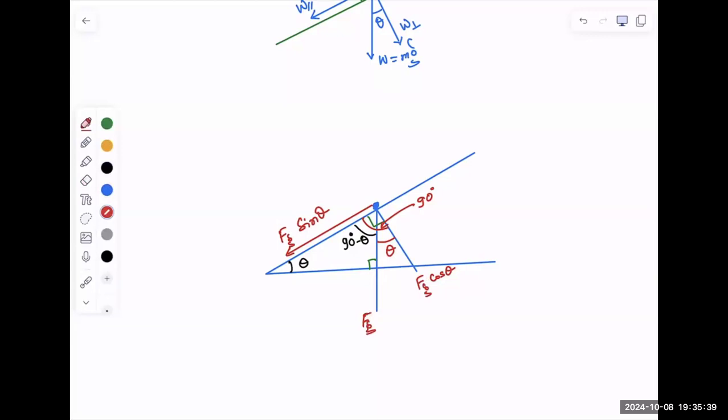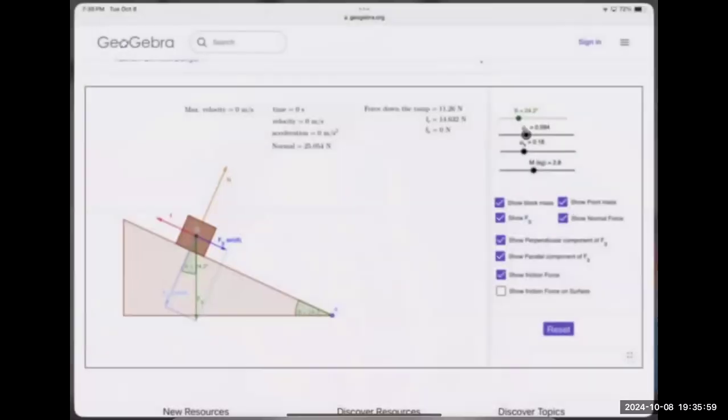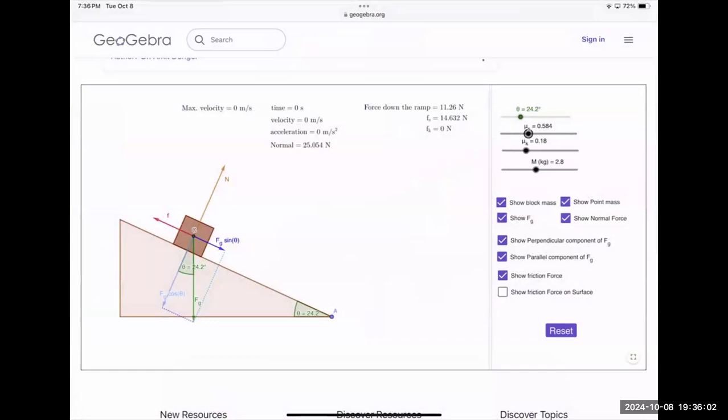make sense? Now you can also draw a free body diagram for the object that is at an angle. So now I will copy this link to you in the chat so that you can go ahead and interact with this one and see the force diagram and everything, right? So now, the parallel component and the perpendicular component, right?